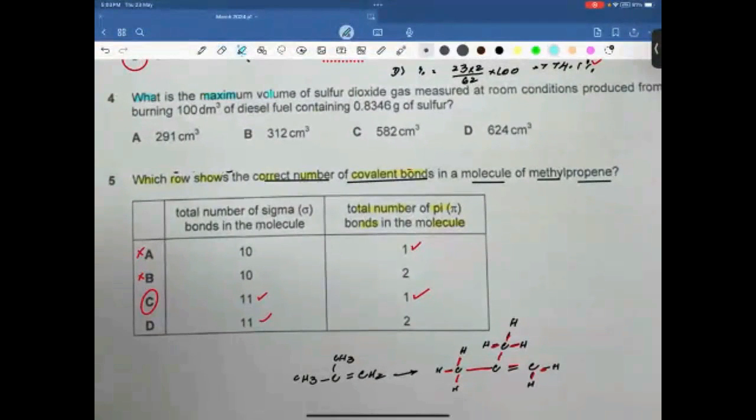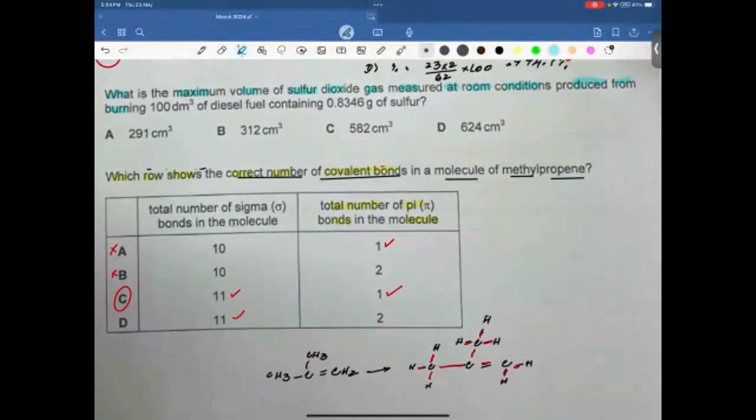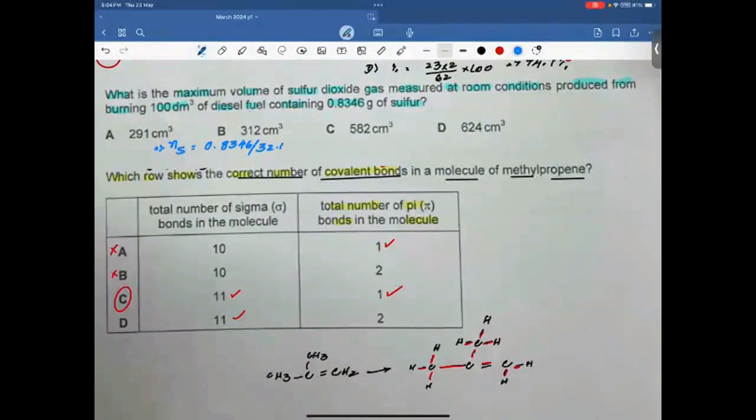What is the maximum volume of sulfur dioxide gas measured at room conditions produced from the burning of 100 dm cube of diesel fuel containing 0.8346 gram of sulfur? So in the first step, we need to take out the moles of sulfur. We have 0.8346, and we need to divide by 32.1 because the AR of sulfur is 32.1.